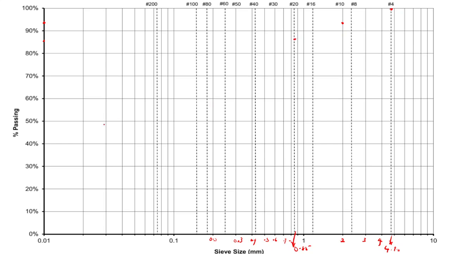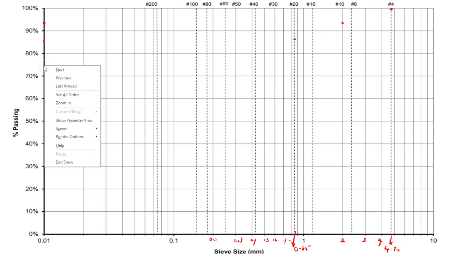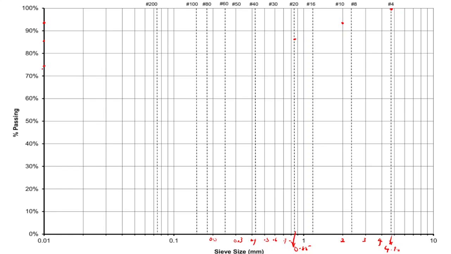So you go to the next point, 0.425, matching with 74.7. 74.7 should just be a bit before 75. Just use your discretion or make use of a ruler to divide correctly.